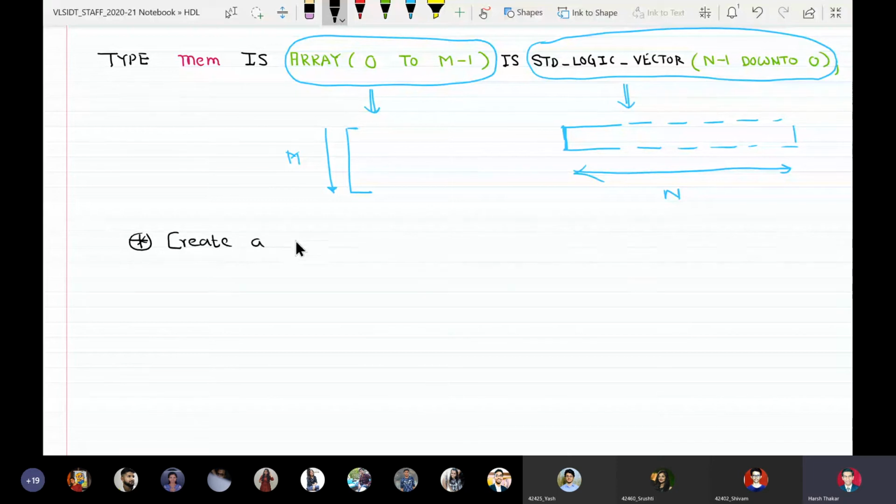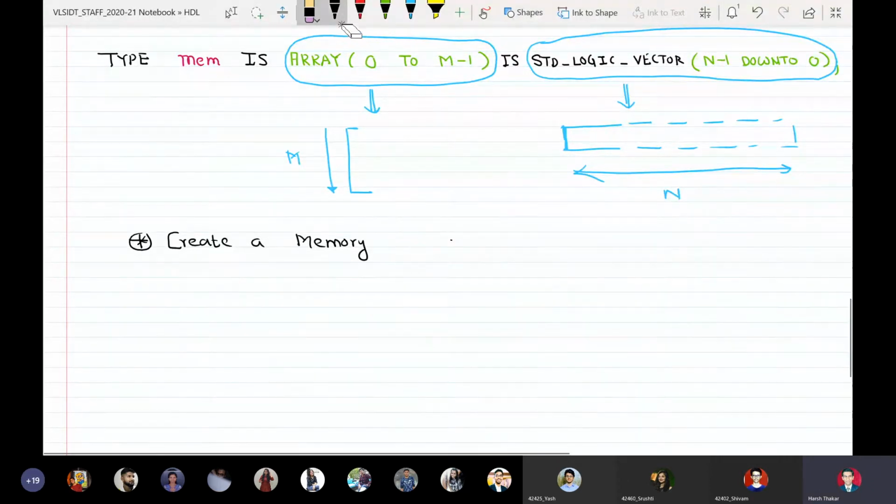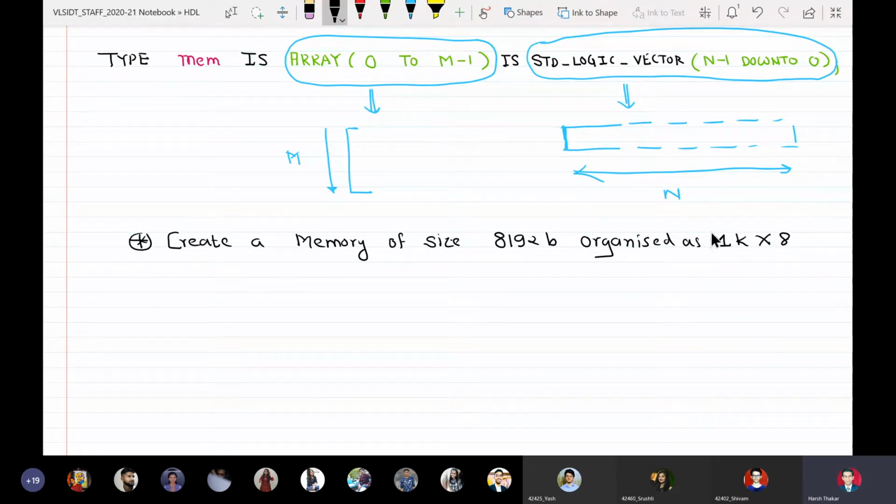Okay, to give an example: create a memory of size 8192 bytes organized as 1k by 8.